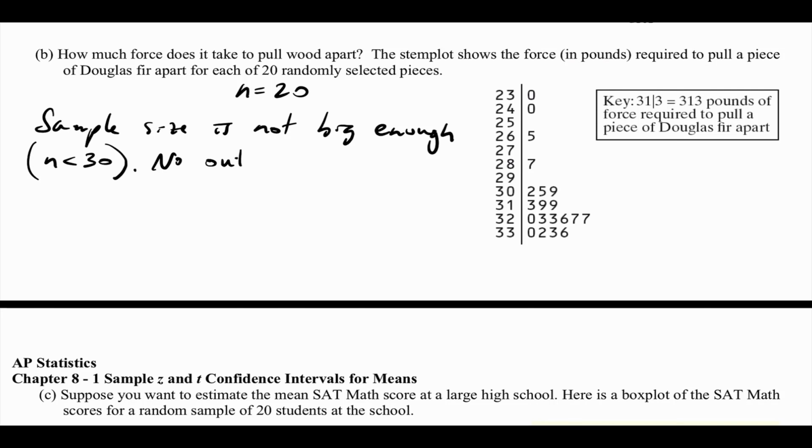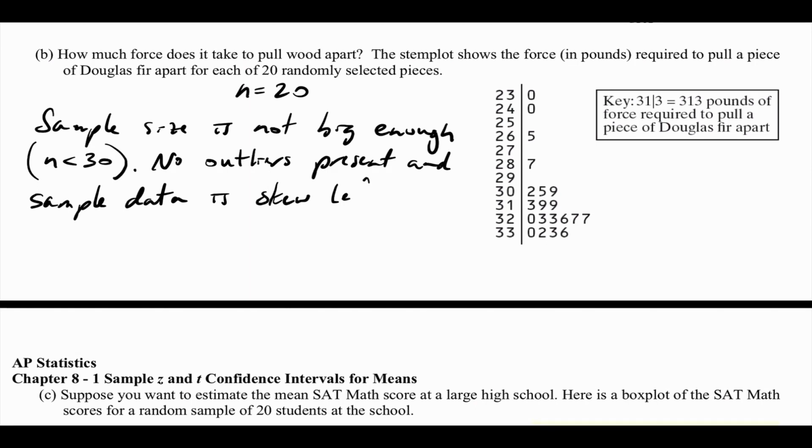No outliers present. And sample data is skewed left. That's it. Just note what you write. Put it in there, right? And then you move on to the next part.